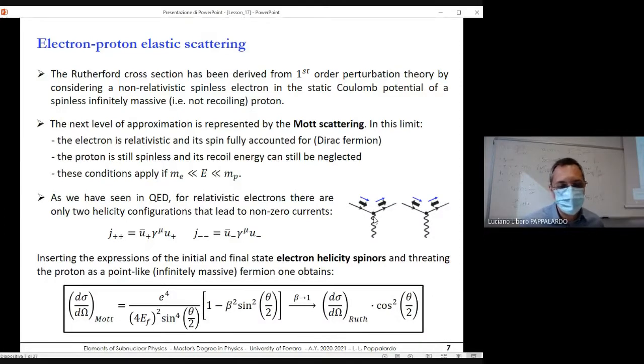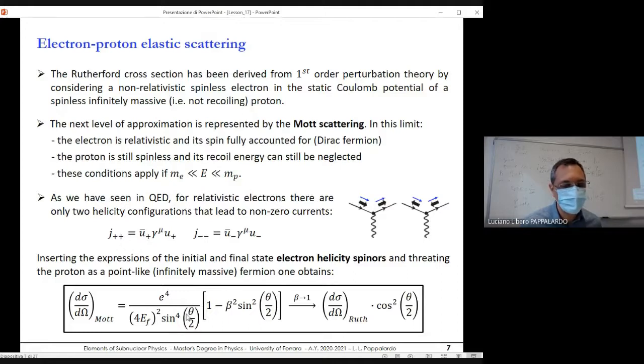Now, one can now use the full expression of the helicity spinors that I gave you in the Dirac chapter, okay? And inserting the expression of initial and final state electron helicity spinors and treating the proton still as a point-like infinitely massive object, one obtains this expression for the cross-section, which is now the Mott cross-section.